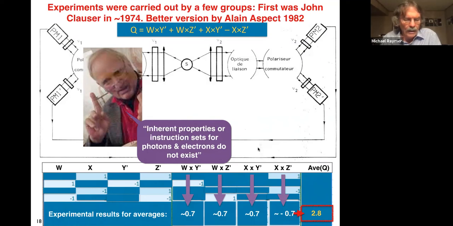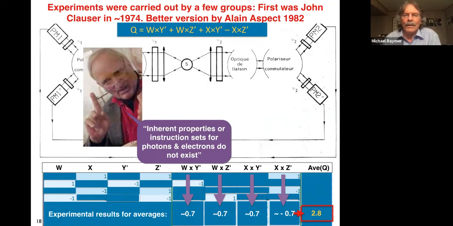He believed in kind of realism, reality, that each photon was a thing and it had certain properties, and we're going to measure those properties. And so he adopted the viewpoint that probably something was wrong with quantum mechanics, and he was going to verify and prove that the classical probability theory and common sense is correct. And he was really surprised when he proved the opposite, that the classical probability theory actually fails.